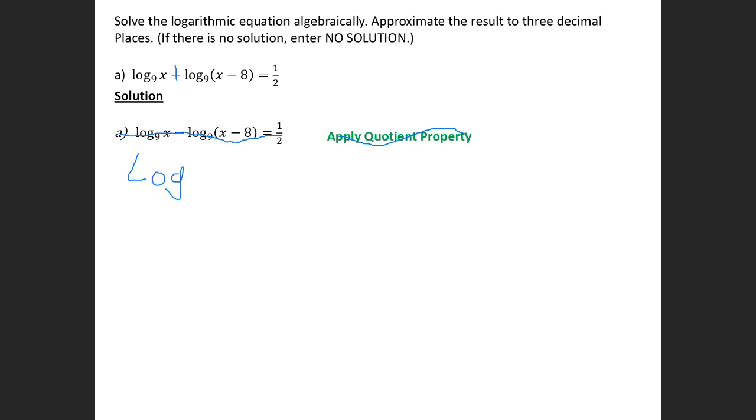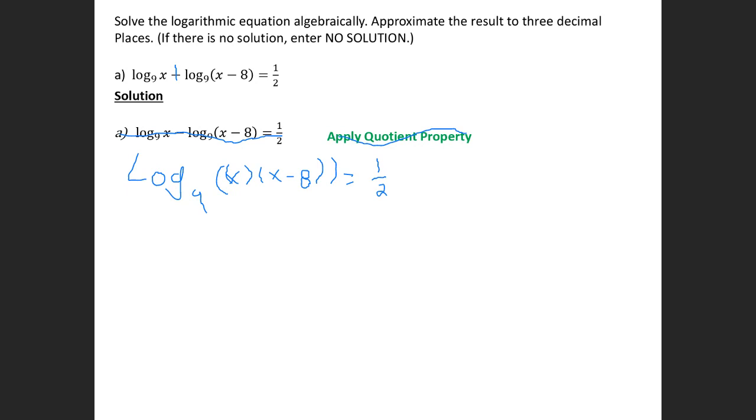So I have the log base 9 of x times, and let me use double parentheses, x minus 8, close my second parentheses, equals 1/2. Now I'm going to distribute my x to the x minus 8.